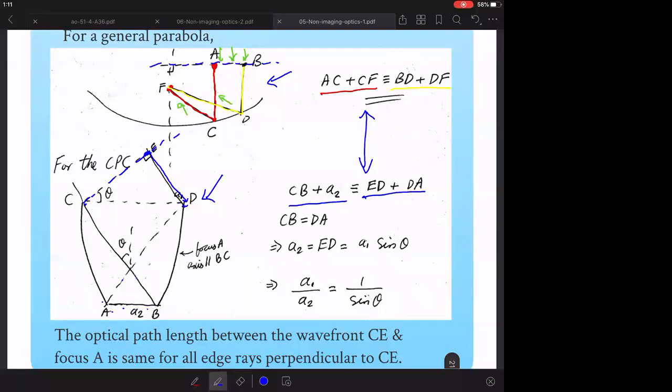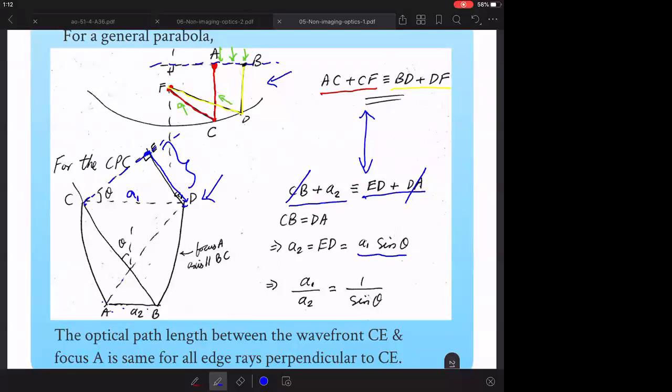Now CB and DA can cancel out of this equation, and then A2 equals ED. Now, ED, this distance here, is nothing but A1 sine theta, where A1 is the entrance aperture. Sine of theta is simply this distance ED divided by A1.